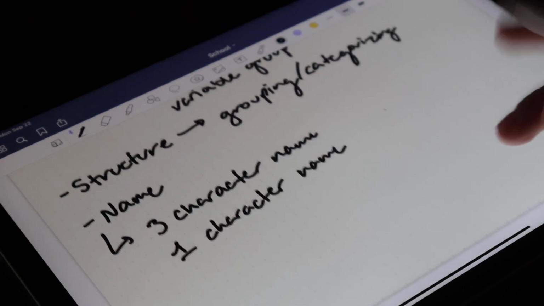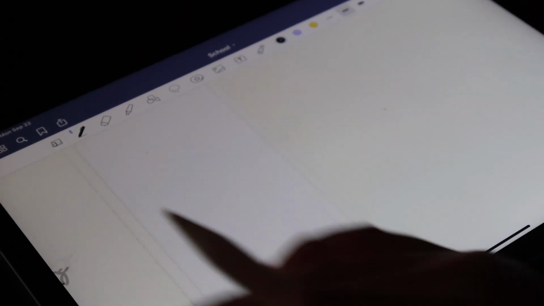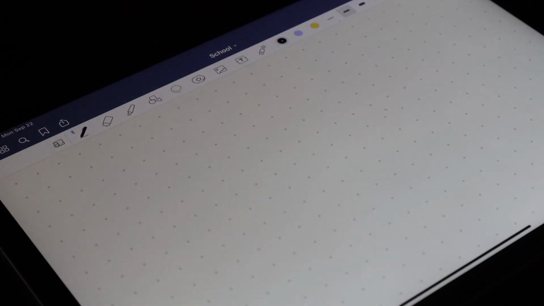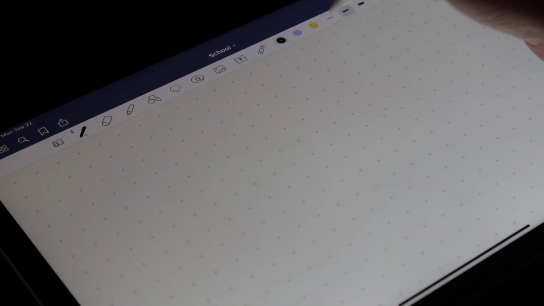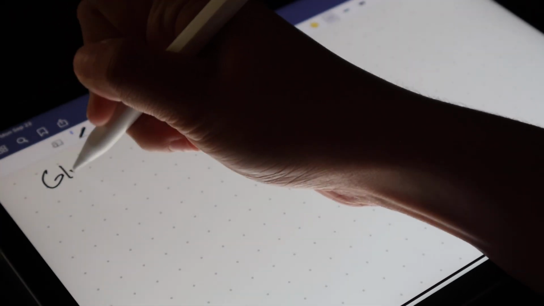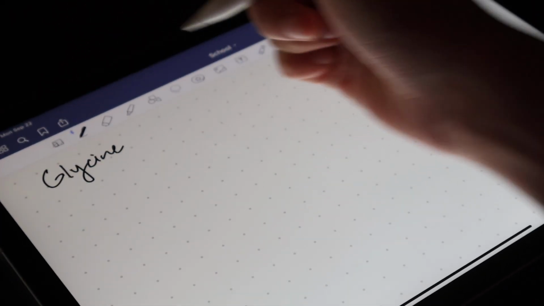Okay, so let's move on, and we'll start with some of the most basic amino acids, right? So first off, we have glycine.